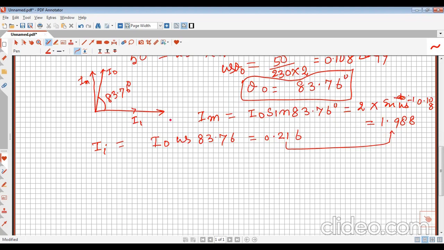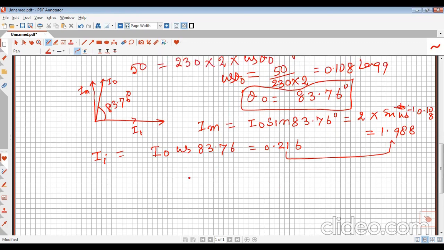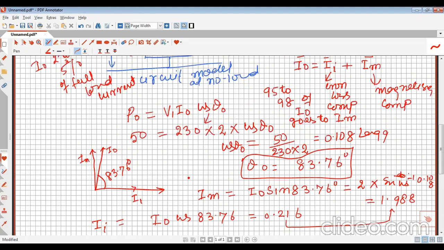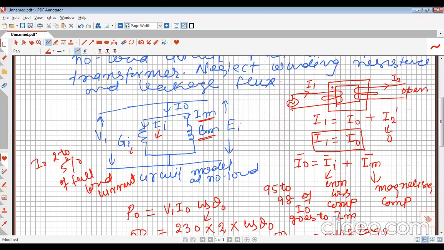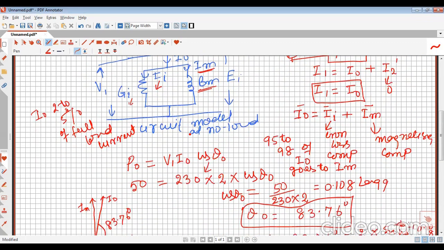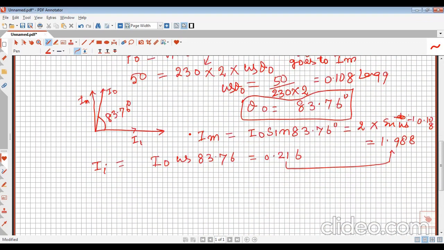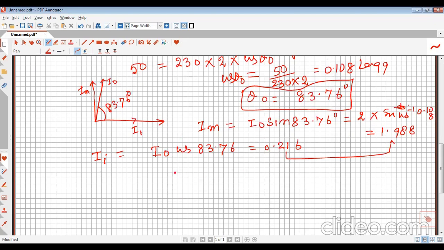From the diagram, we can find out the values of the circuit parameters, that is GI and BM. We can find GI and BM very easily using this diagram. So how can we find them? Let us see. Suppose I am drawing the same diagram again.